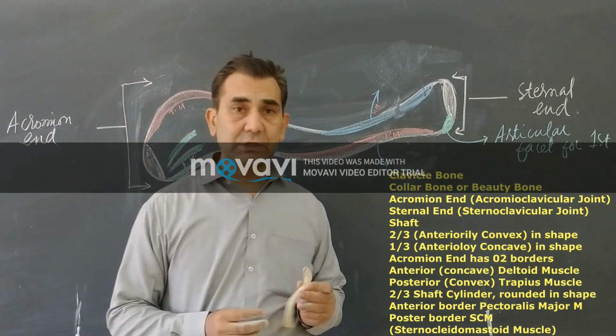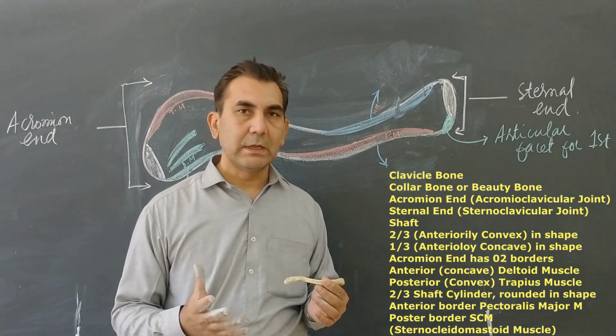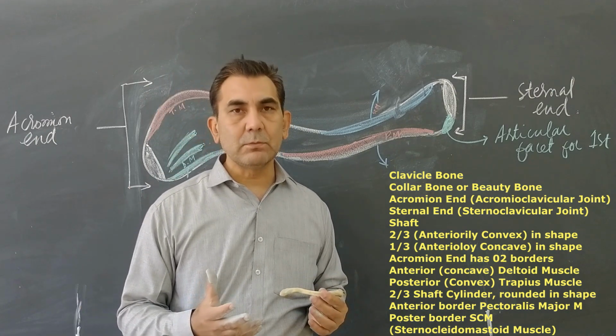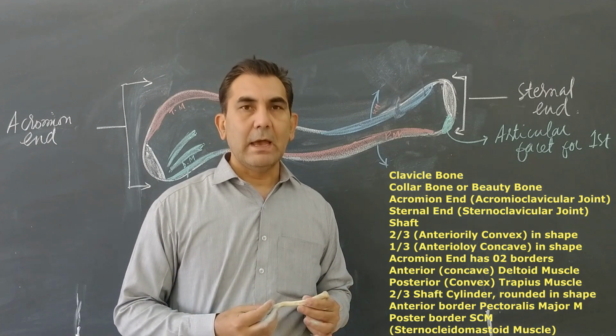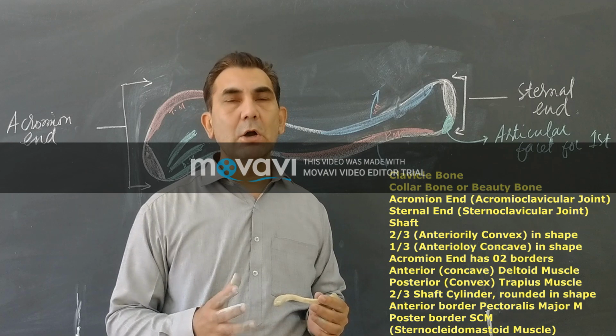The common name of the clavicle bone is the collarbone, and another name for this bone is the beauty bone. The clavicle is a type of long bone.